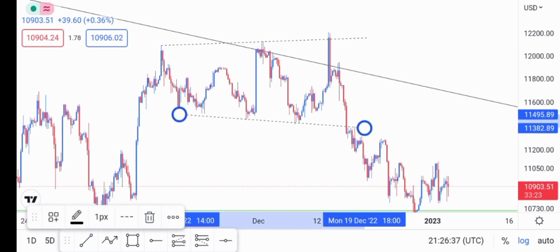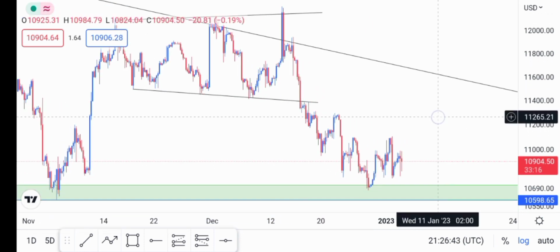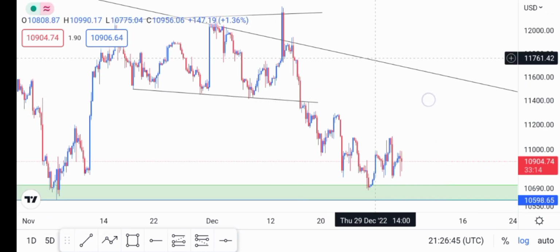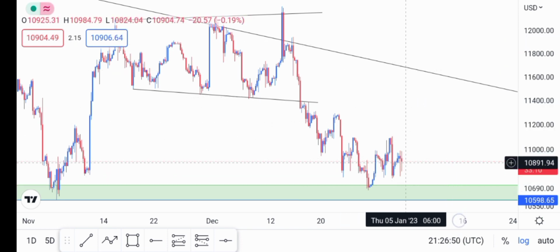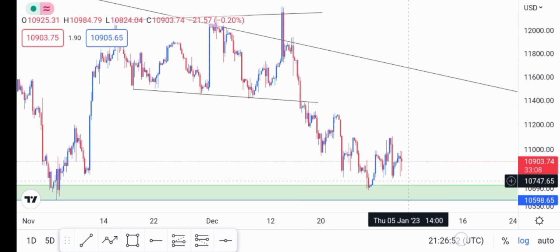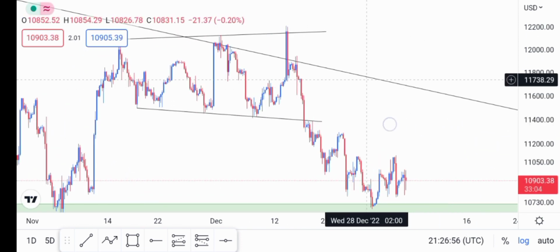Okay, this was our pattern that we had before. Then we did capitalize on the seller starting from this area here up until here. So this is what we had.